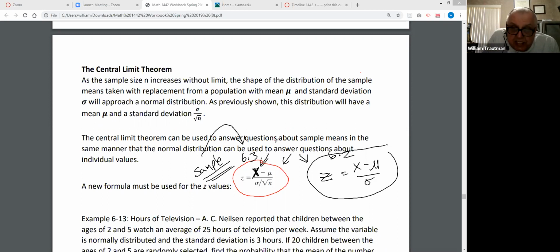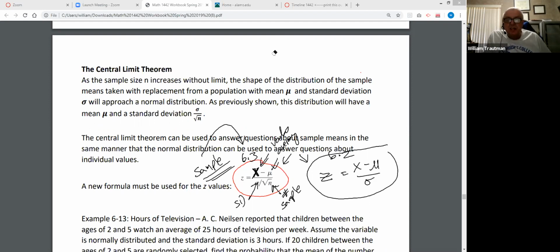Once again, X is our value, mu is our average, our mean. Here's our standard deviation, and n is the number of people being sampled. How many people or how many items are being sampled. So this is the formula we're using for 6.3 when they talk about a sample. I'm going to erase this now. This looks really messy.